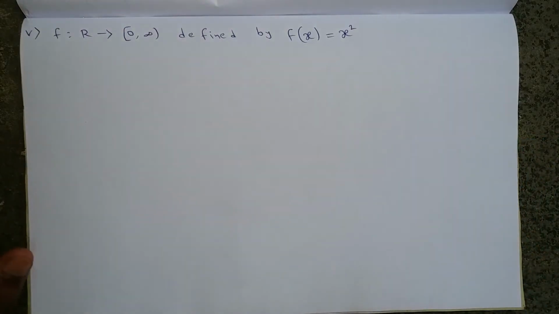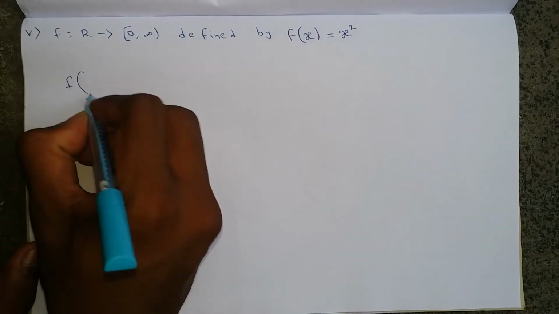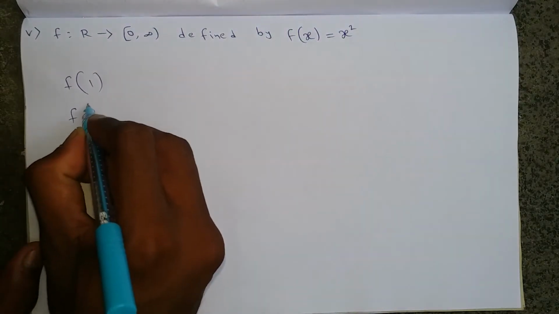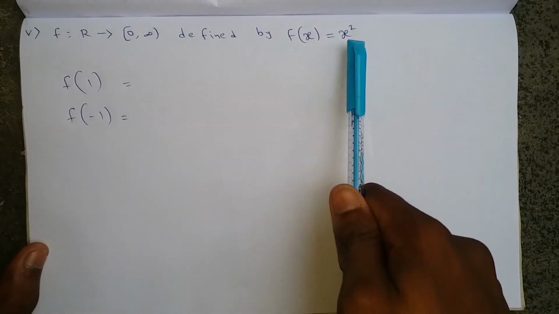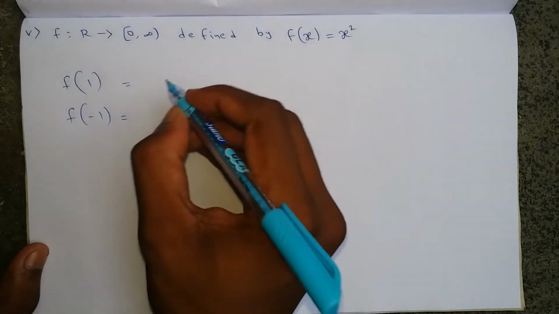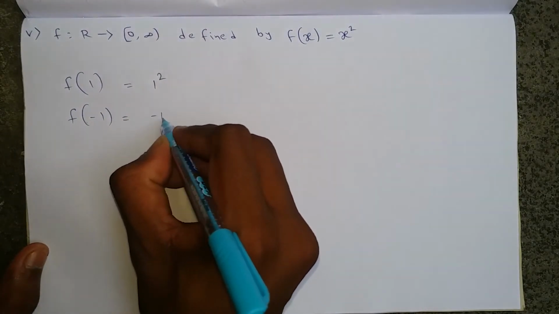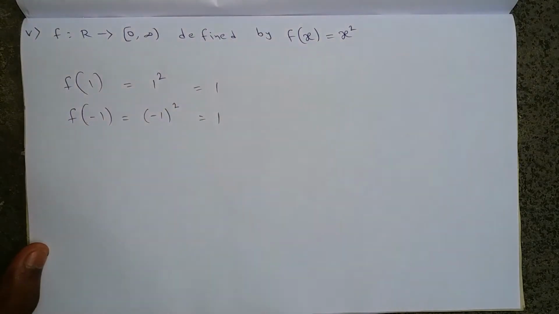So I will take one positive number as well as one negative number: f of plus 1, f of minus 1. f of x is given as x square. In the place of x, I will substitute 1, and in the place of x, I will substitute minus 1. So we get 1 square and minus 1 square, which is plus 1.